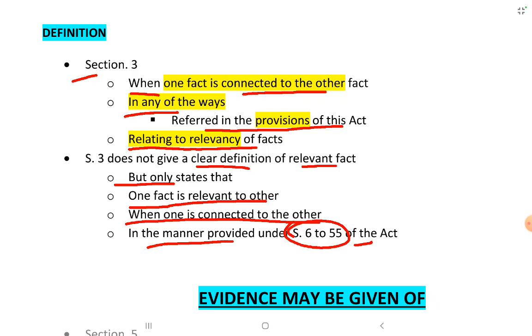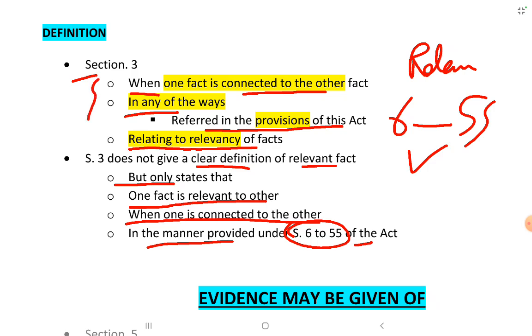In the Indian Evidence Act, Sections 6 to 55 are about relevancy of facts. So if any fact comes under these provisions, it will be relevant according to this definition. This definition is not a clear definition of relevant fact. If you have to write the exact definition, just memorize it.